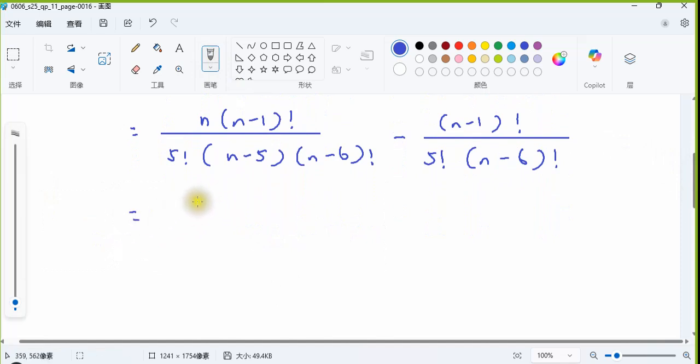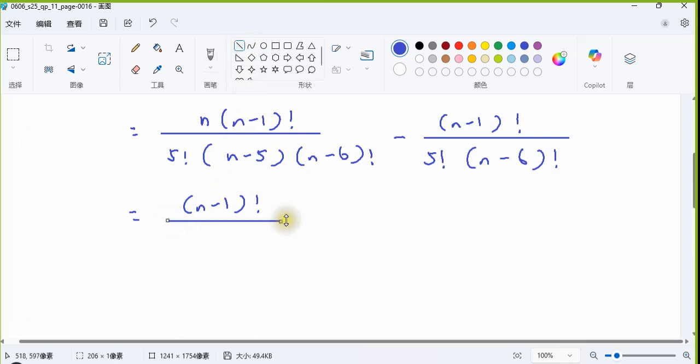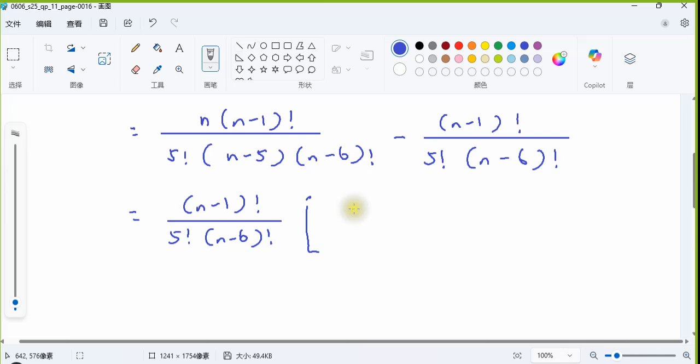So we can factorize (n minus 1) factorial, and then we have 5 factorial times (n minus 6) factorial. Then we have n over (n minus 5) minus 1, so 1 over 1 multiplied with (n minus 5).